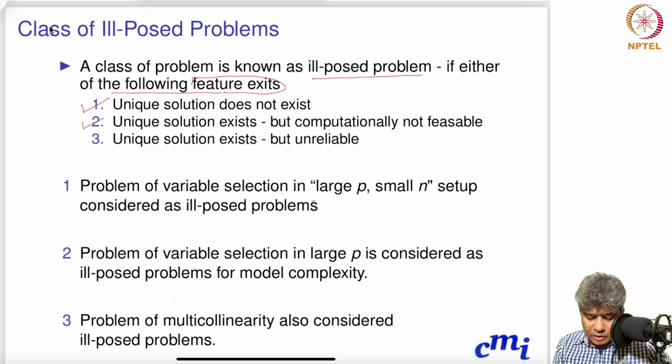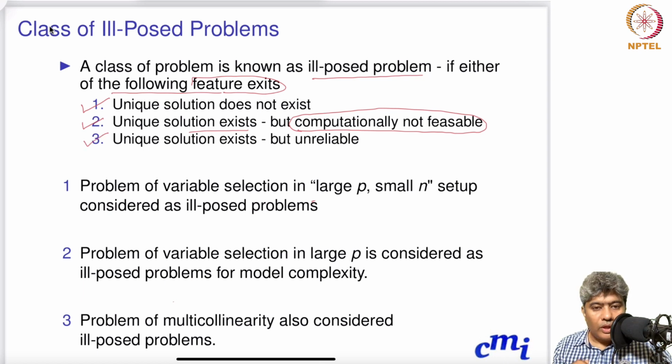Second, a unique solution exists but is computationally not feasible. Computationally, finding the solution is impossible. And the third possibility is that a unique solution exists but the solution is highly unreliable.